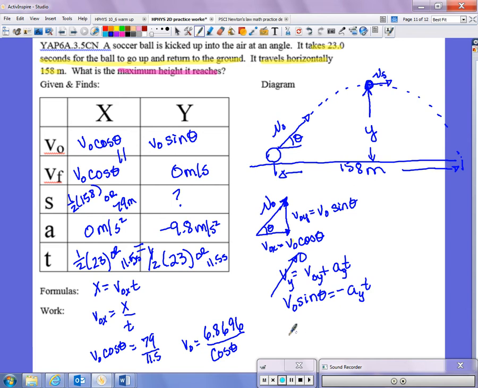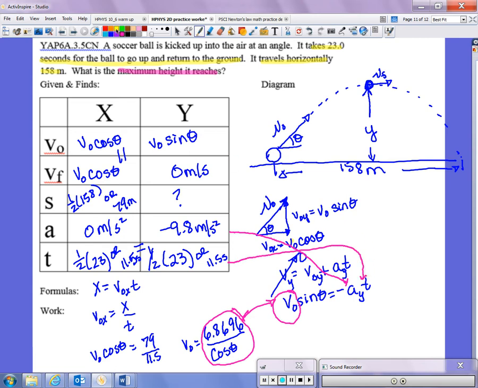Since I've already done a problem where we're doing this, I'm just going to jump some steps. I'm going to take this and put it in for v naught as I'm plugging in my values from here. Hopefully I haven't jumped this up too much.